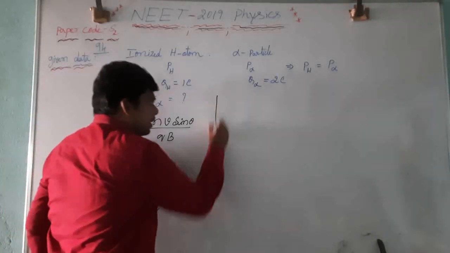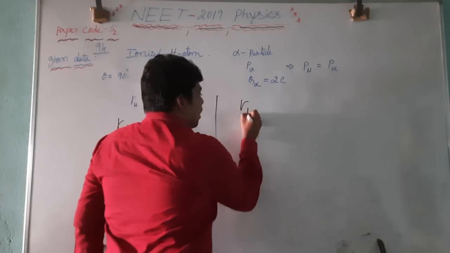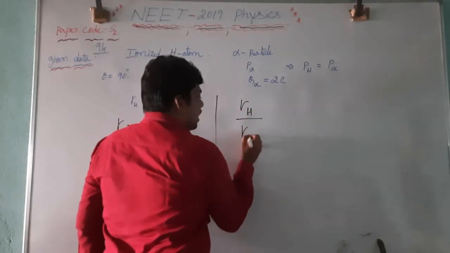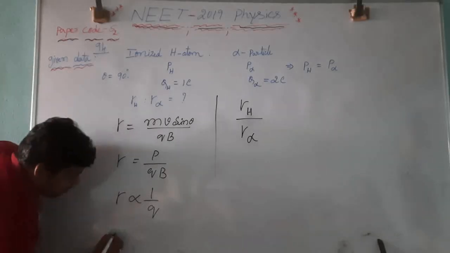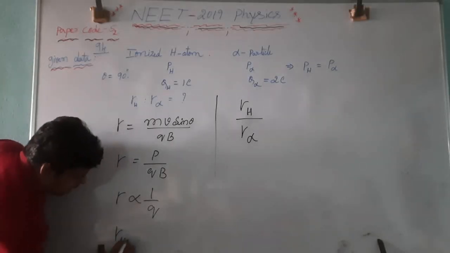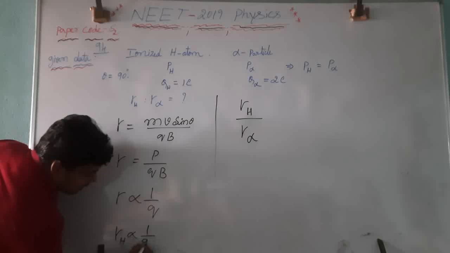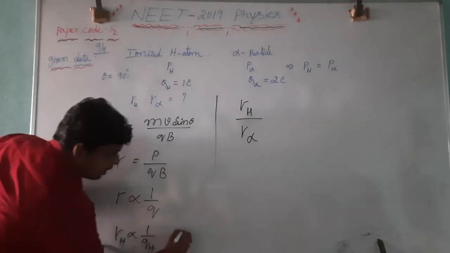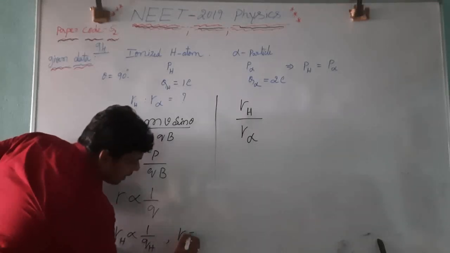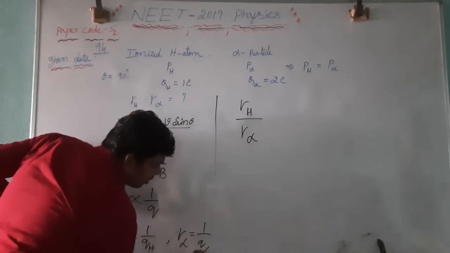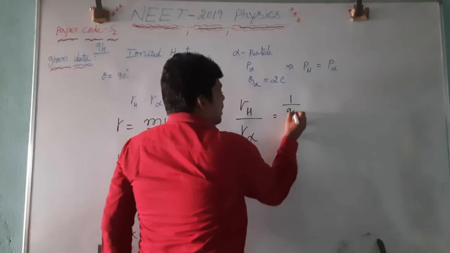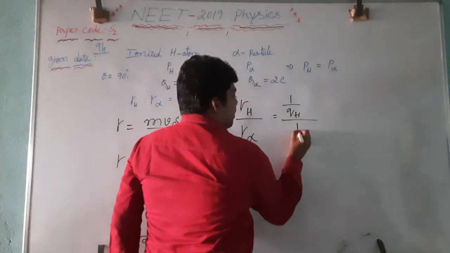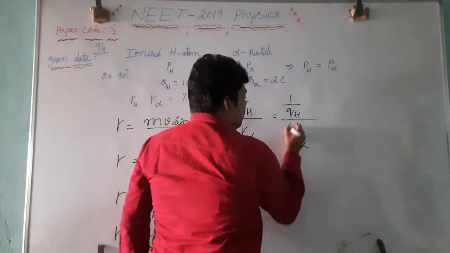What we have to calculate is the ratio of RH and R alpha. RH can be written as 1 divided by QH. Similarly, R alpha can be written as 1 divided by Q alpha. RH divided by R alpha is 1 divided by QH, whole divided by 1 divided by Q alpha.